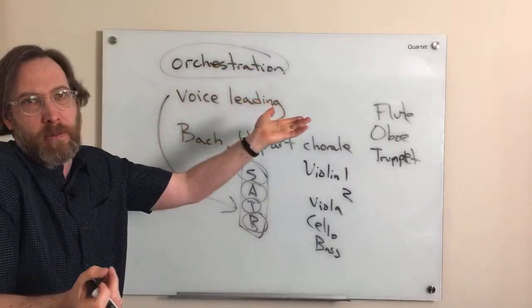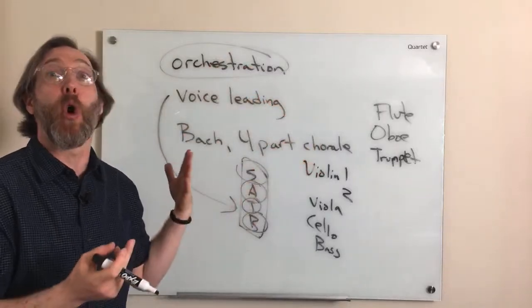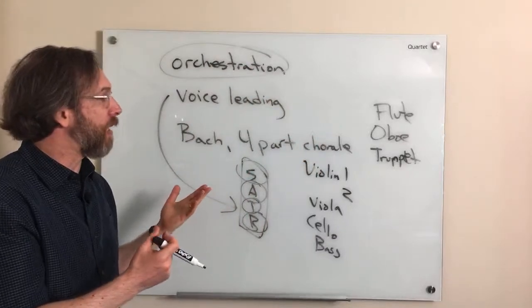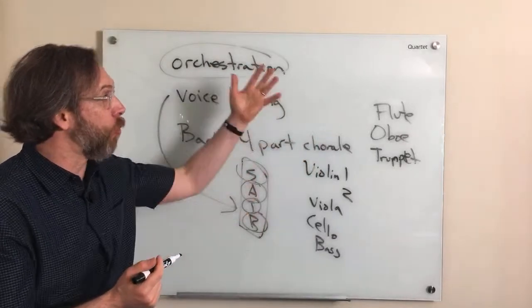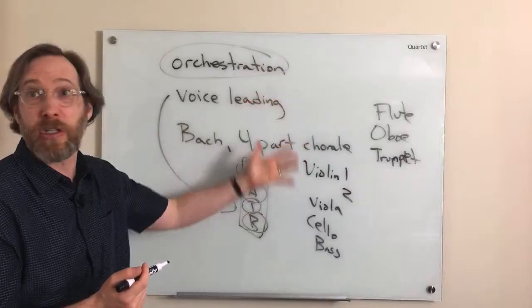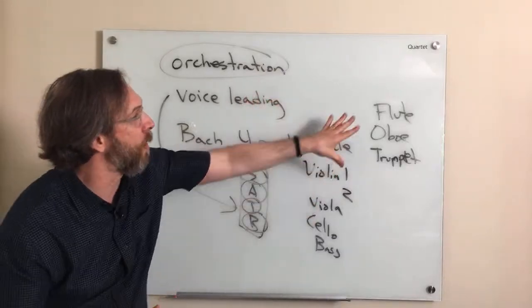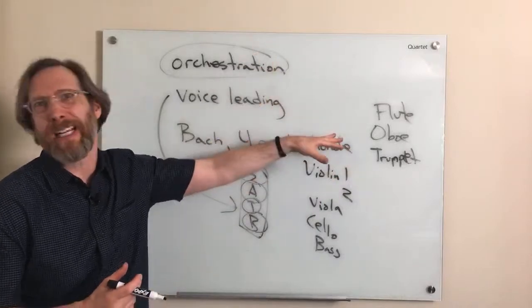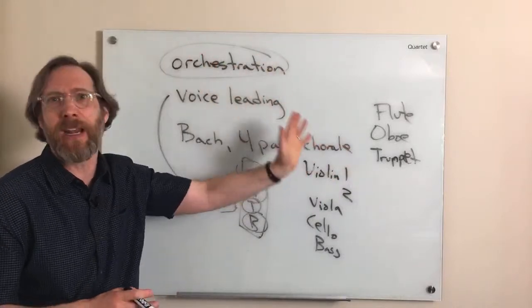Now, it's most important when you're dealing with an actual orchestra, hence the similarity in the word, because there are so many different instruments. There's a woodwind section, a brass section, a string section. This is like a bare bones orchestra. You might have trombones, saxophones, clarinet.